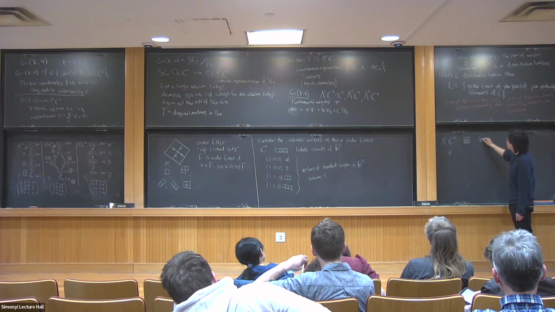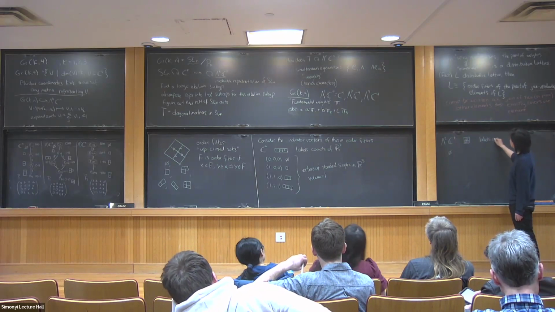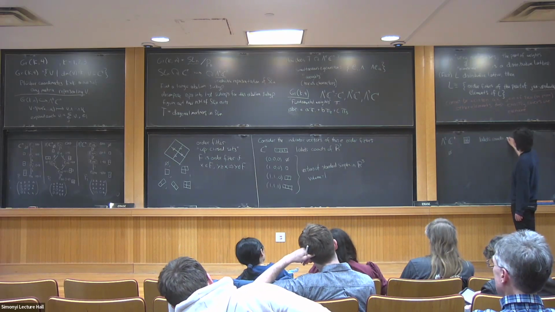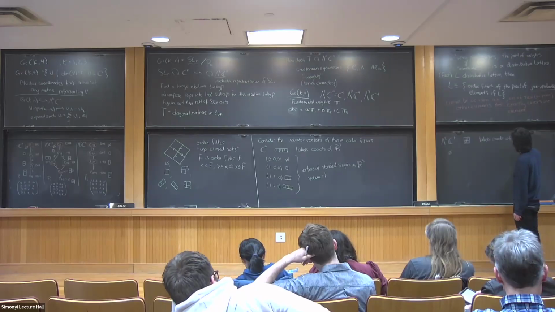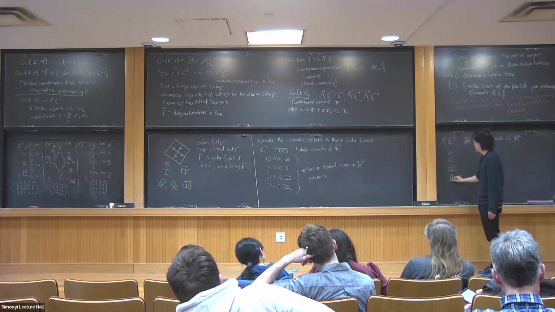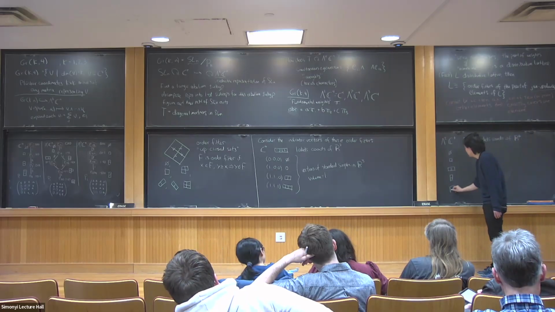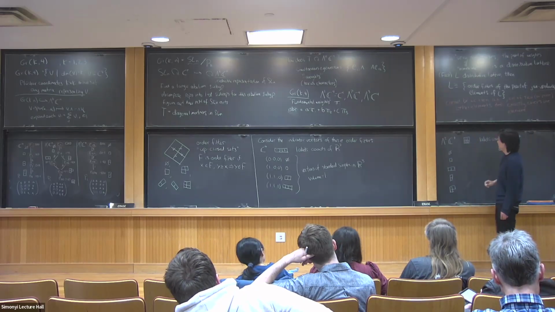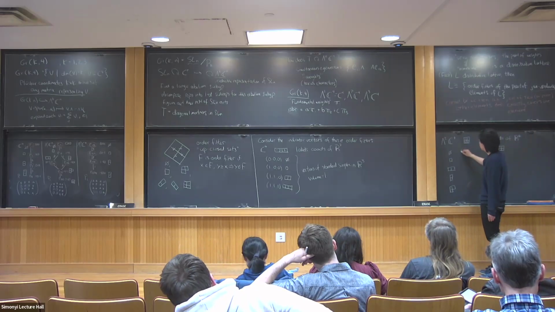This gives me labeling coordinates of R4. So the empty set, box, box, box, this one and that. Right, so let's just write these down.